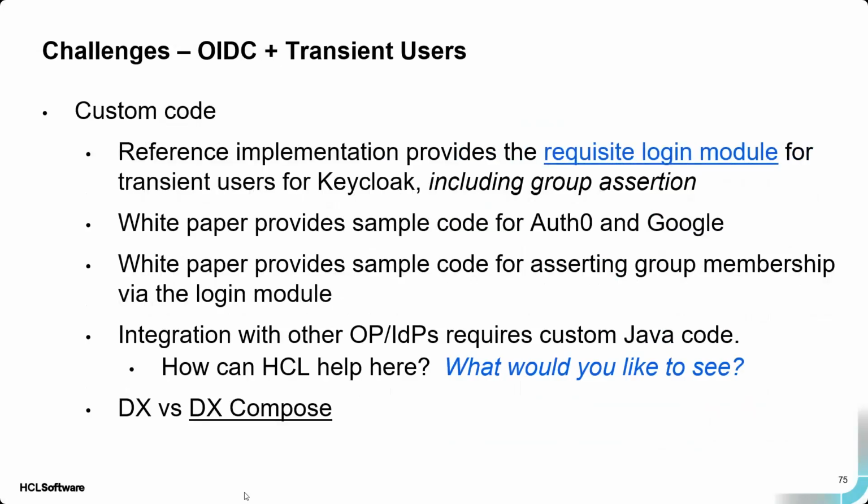The big thing to know here is if you're going outside of Keycloak, Auth0, and Google, that is going to require custom Java code. There's currently no off-the-shelf login module that would work for an arbitrary cloud identity provider.